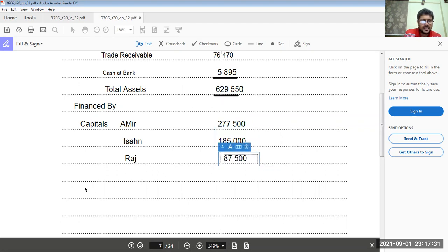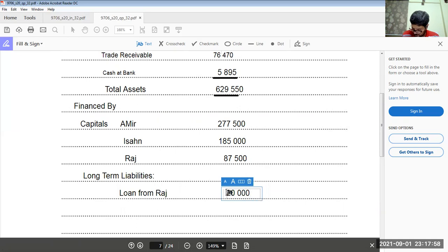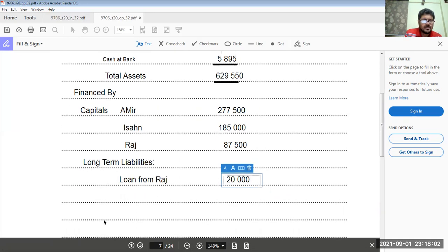Finance by. Okay, now long-term liability. That is loan from Raj, which is 20,000. Done.